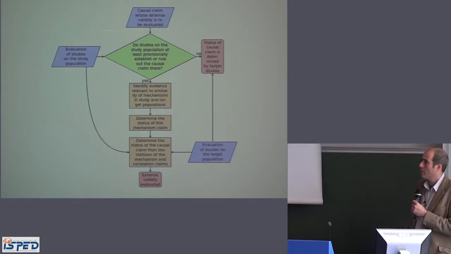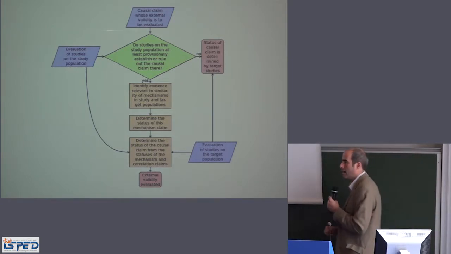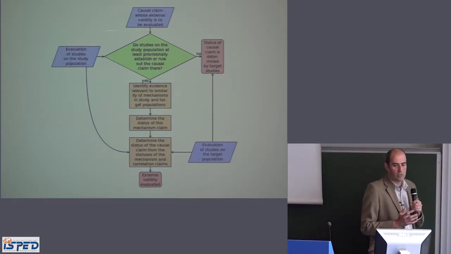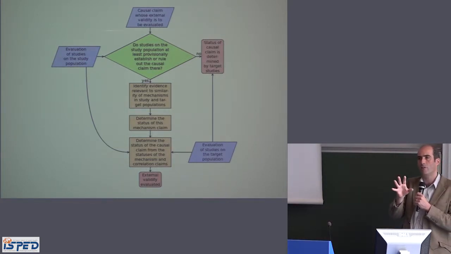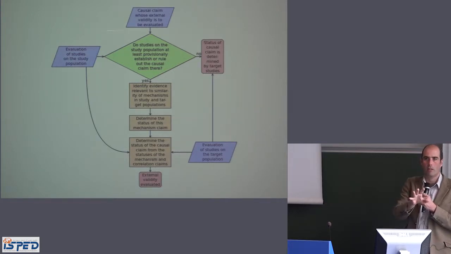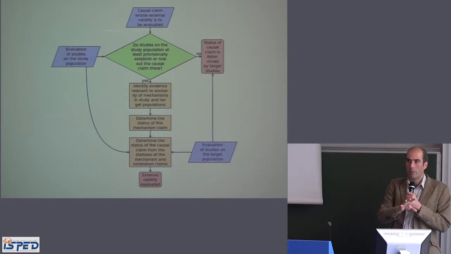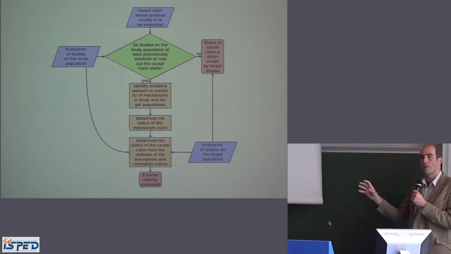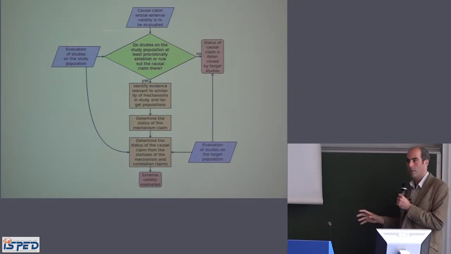Another question we address in the book is the question of external validity. This is another area in which it's crucial to use evidence of mechanisms. With external validity, we're interested in the problem of, say, extrapolating from an animal population to humans, or one human population to another human population. We've established the causal claim in the source population. We want to know whether we can extrapolate that safely to a target population.